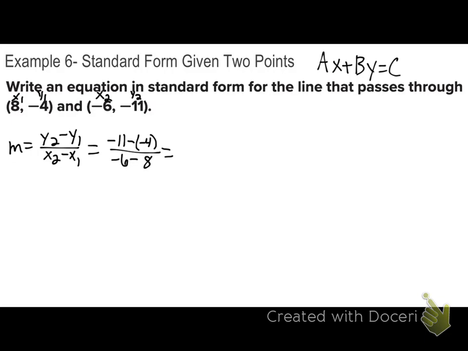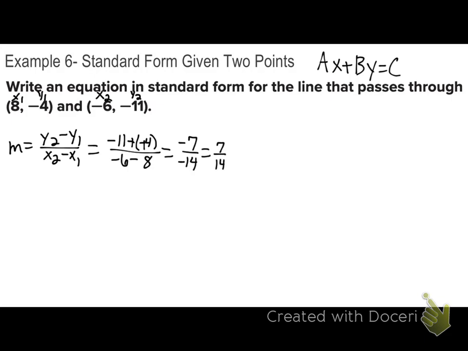Two negatives right next to each other creates a positive. So the numerator becomes negative 11 plus 4, which gives me what? Negative 7. Down in the denominator, negative 6 minus 8 gives me negative 14. A negative divided by a negative gives me a positive.